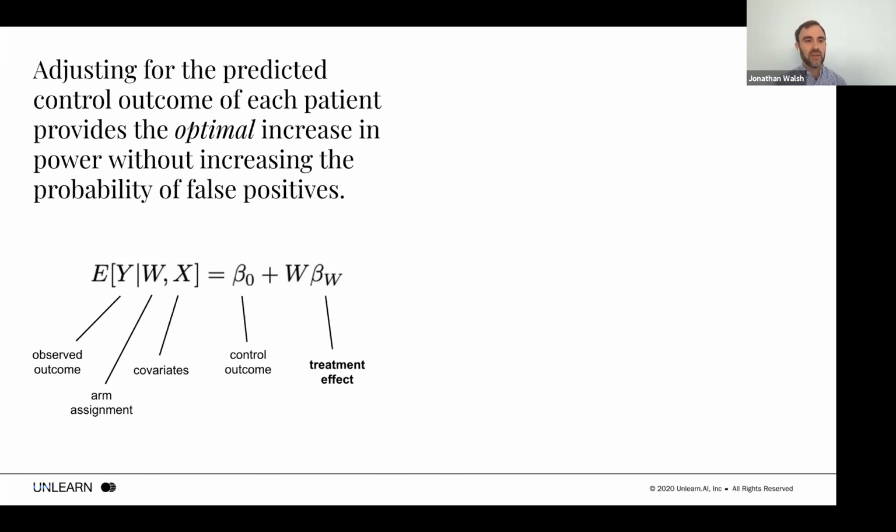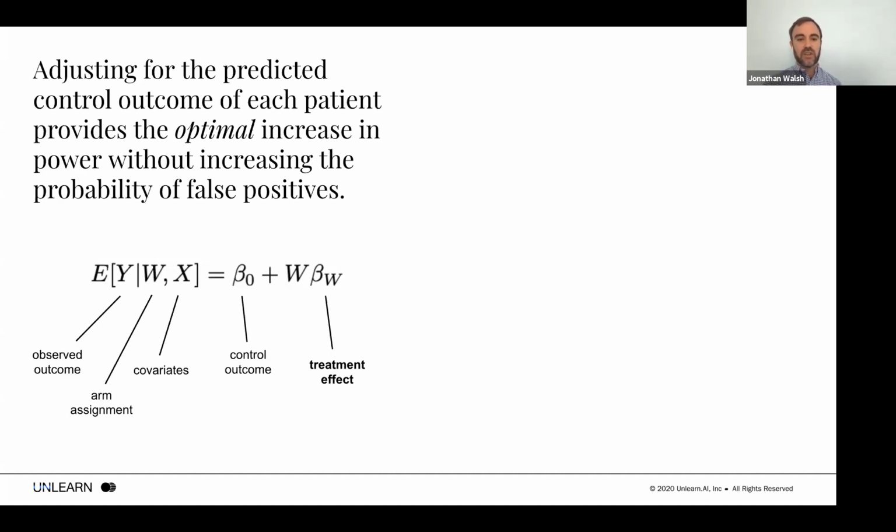When we analyze the outcome of a study, we focus on measuring the difference between the treated subjects' outcomes and the control subjects' outcomes. We can think about the statistical model on the left, that we have some observed outcome that we're measuring for all subjects. And there's a treatment indicator W that tells us, just 0 or 1, if the subject is in a control arm or a treatment arm.